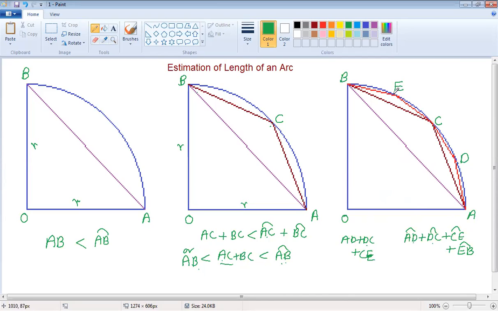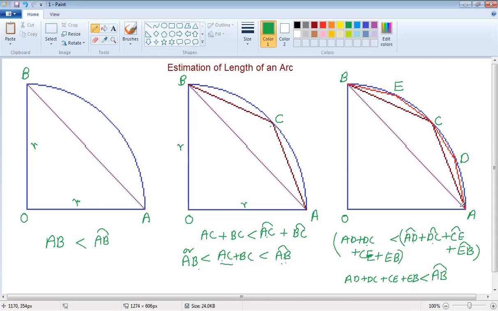And then I take the straight distance EB, that is less than the arc EB. So these four distances added, this total is less than the sum of the four arcs, but the sum of these four arcs is the arc AB total. So this sum of the four distances is less than the arc length.